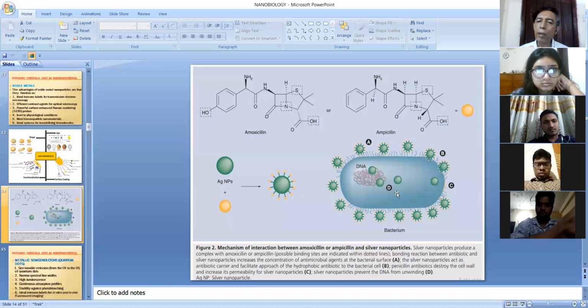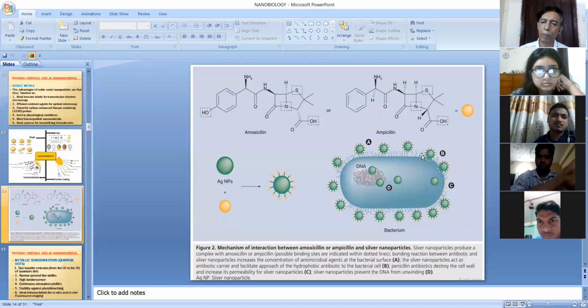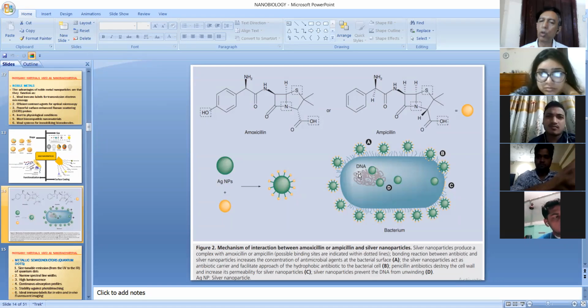Now, this is a bacteria. Say, for example, a typhoid bacteria enters our body. Say this is a typhoid bacteria, and these are the DNAs of typhoid bacteria. Now, this silver nanoparticle enters inside the bacteria and makes some changes in the DNA of the typhoid bacteria, so that this typhoid bacteria can die.